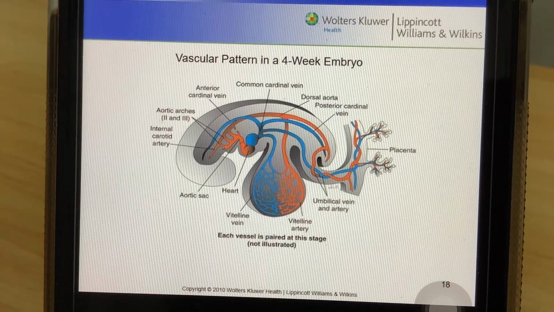At 4 weeks, the organs are just starting to develop, and so the cardinal veins are sufficient to drain blood from the head and body wall. As organs develop, the cardinal system is insufficient to drain each new organ, so separate drainages are established that eventually form the definitive vessels.